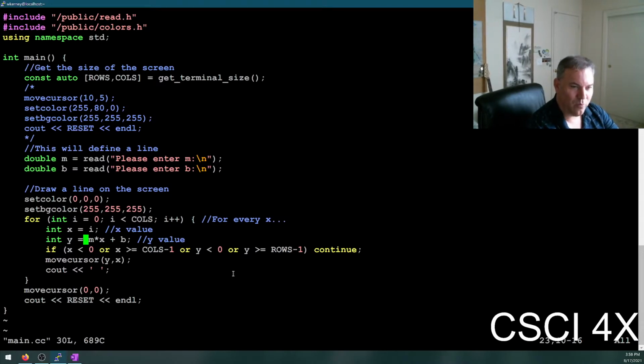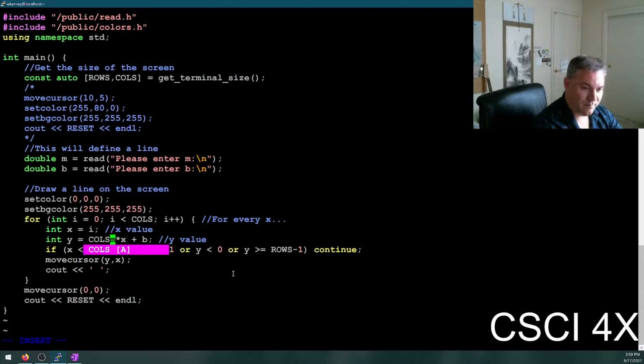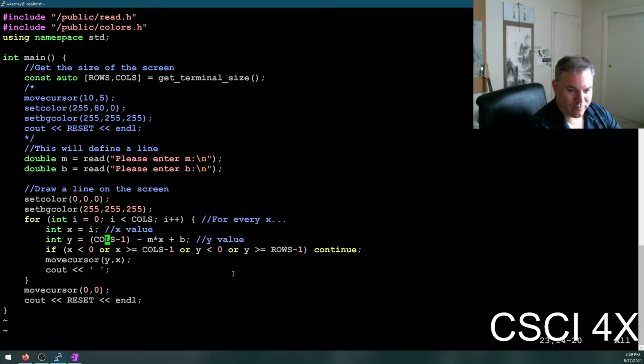Yeah. So if we wanted it to go from the bottom up, let's see, columns minus that. You might want it up like a row or something. The power of algebra compels you.